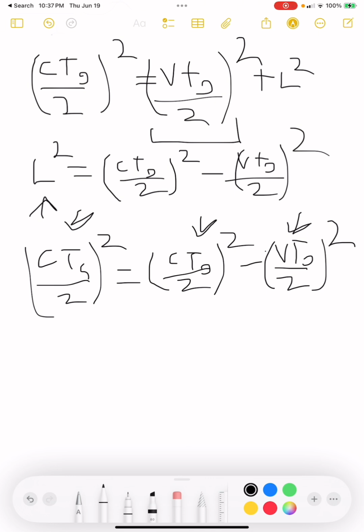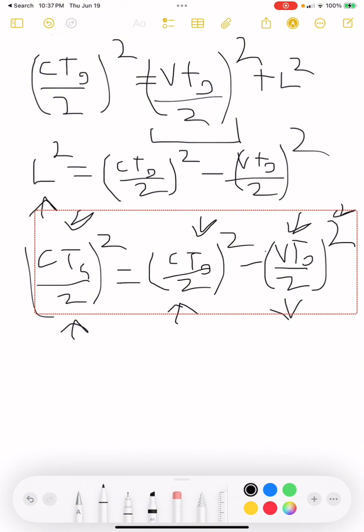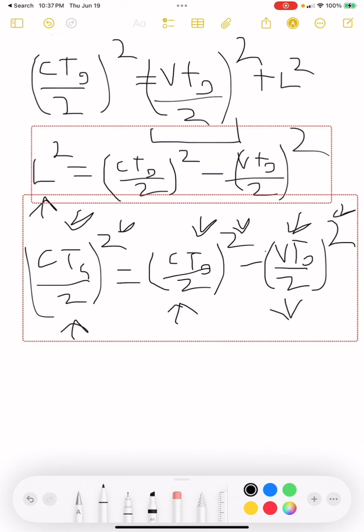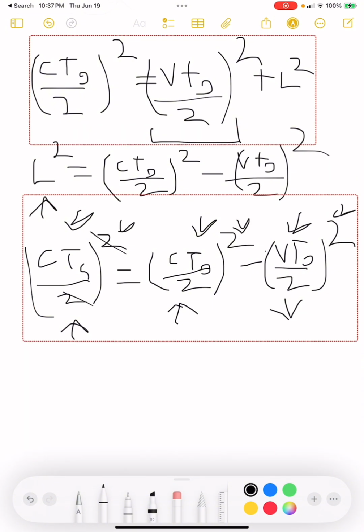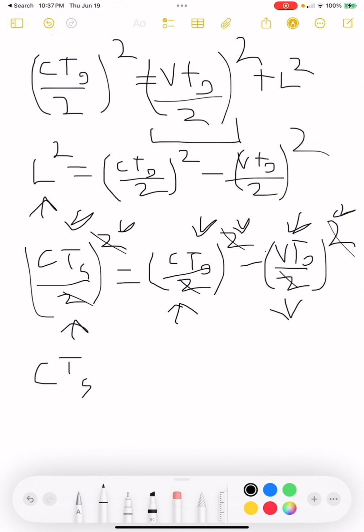So what we can do here is simplify this. We have over 2's and squares, so these are all common, so we can cancel these out. We get c t of s equals c t of 0 minus v t of 0.